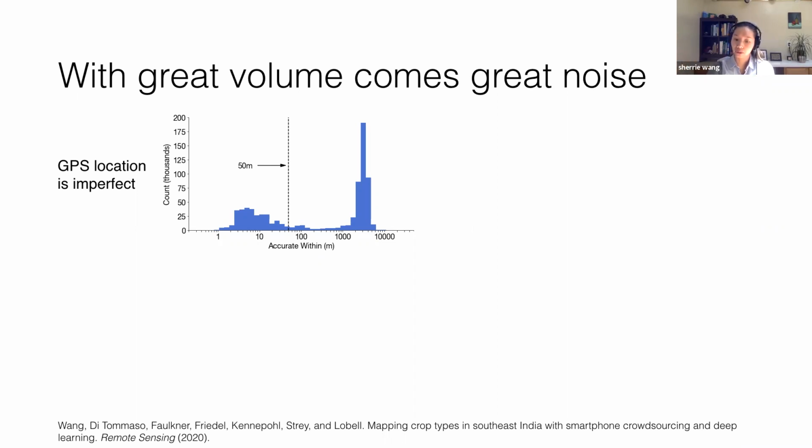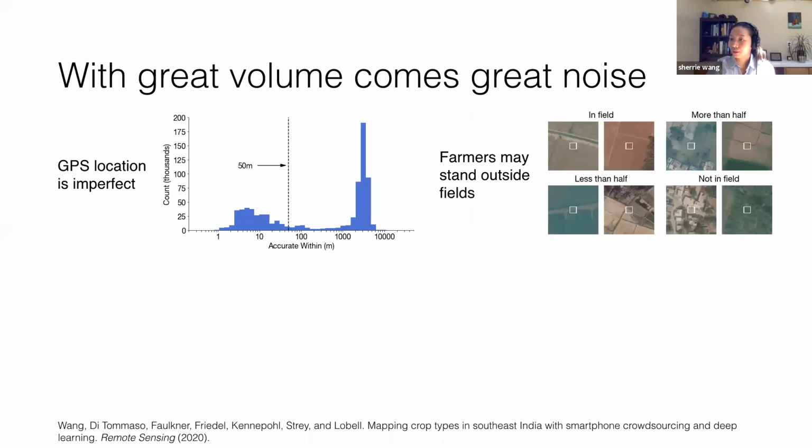Another thing that we observed a lot of, even after removing for this GPS location imperfection, is that sometimes farmers will stand outside of their fields or in an urban area when they're submitting data about their crops.